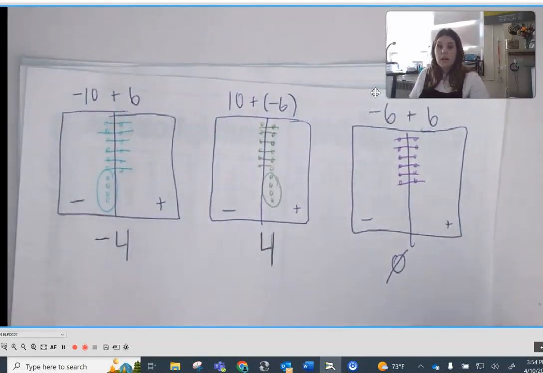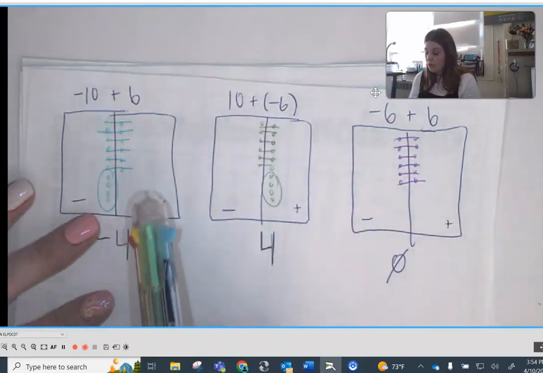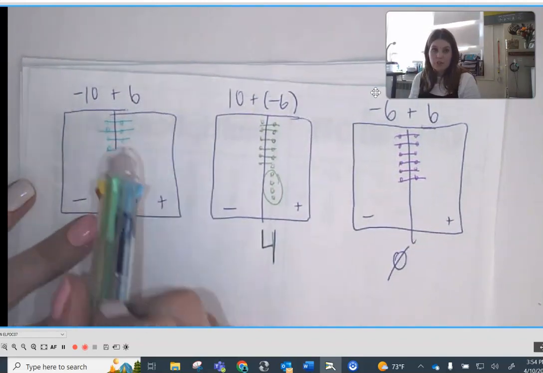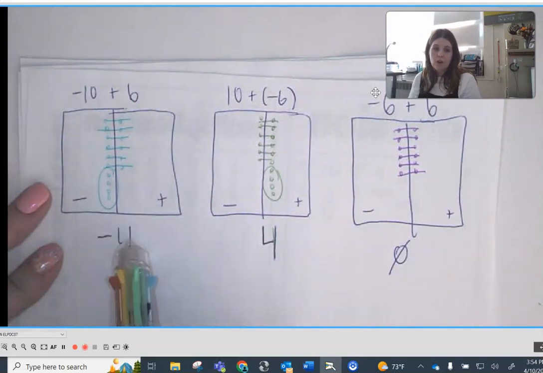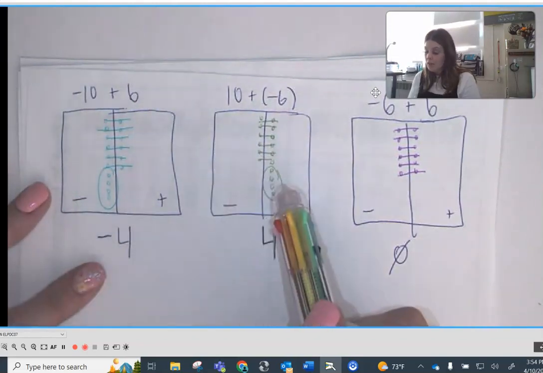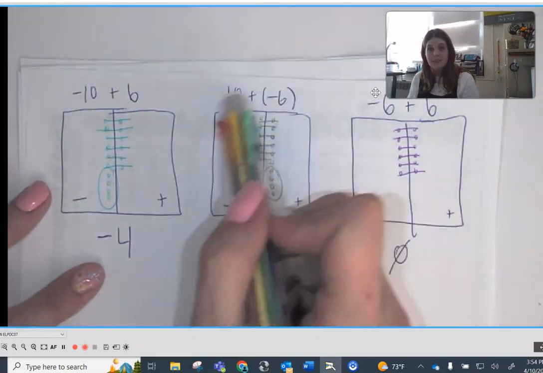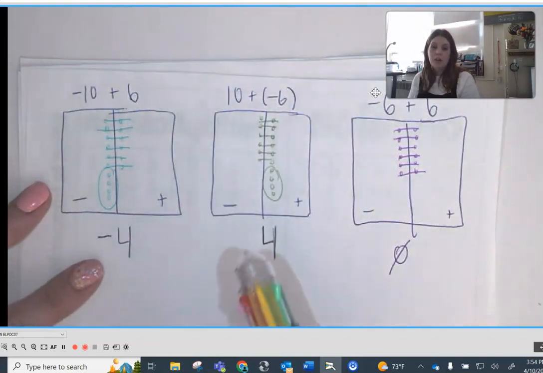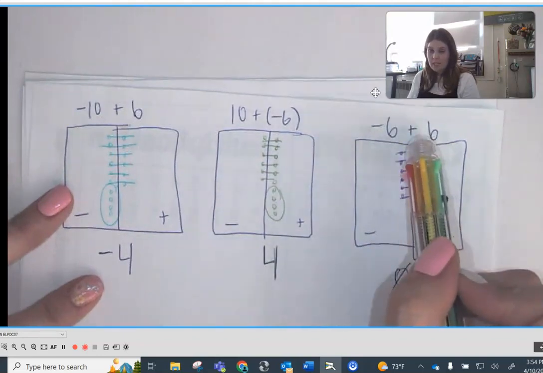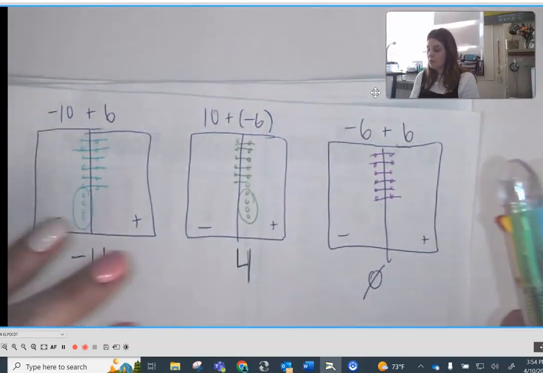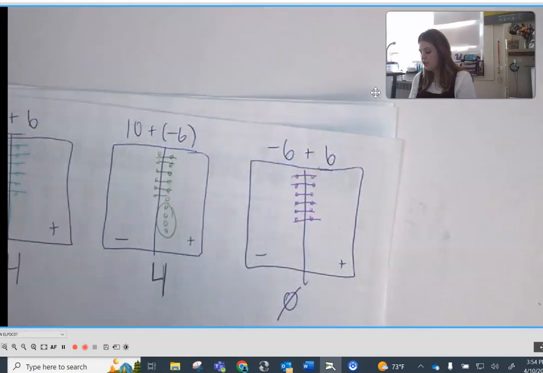What we need to remember is that when we combine integers, if we have more negatives, our answer will be negative. If we have more positives, our answer will be positive. And if we have the same amount of each, they're just going to cancel out to 0. In fact, these 2 numbers are special.